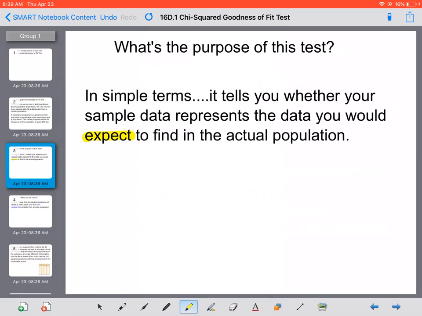So for example, the probability of us expecting to get a heads when we flip a coin is 1/2, because we know based on our knowledge of a coin, one out of the two sides of the coin is a head. So we will talk about theoretical probability within our goodness of fit test.